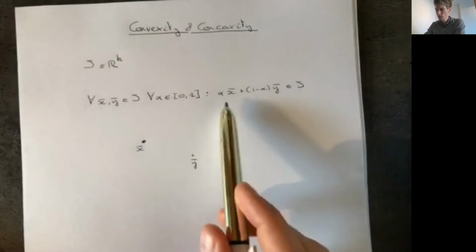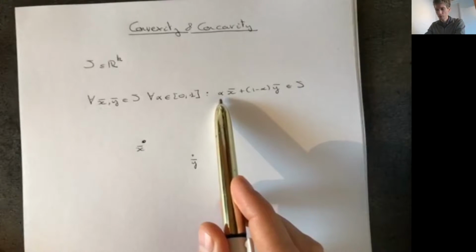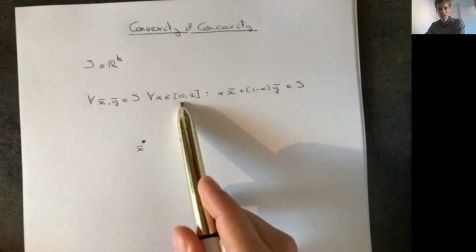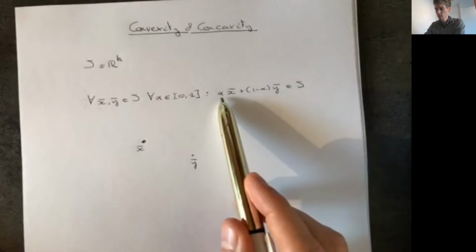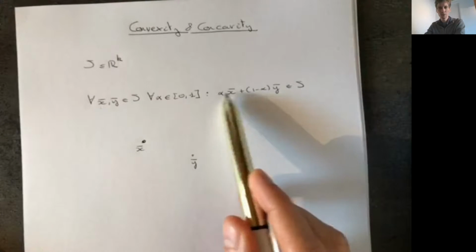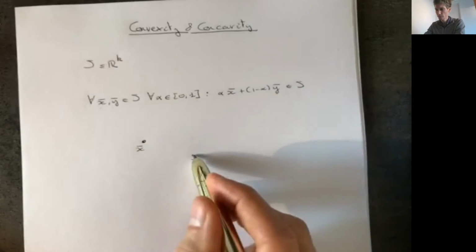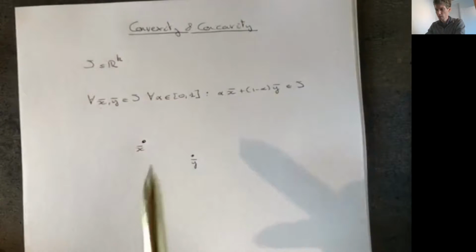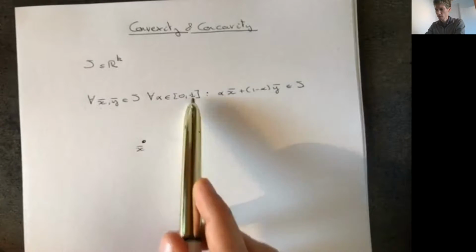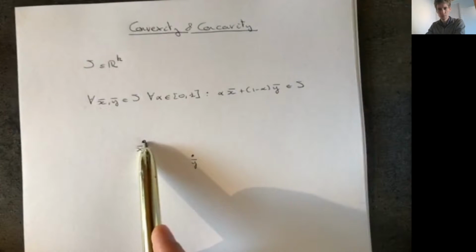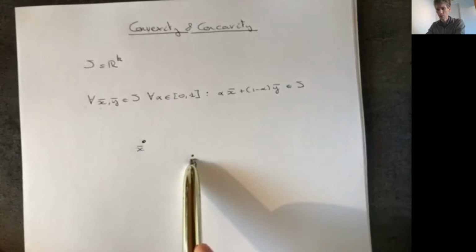On the other hand, if I plug in alpha equal to 0, which is the other end of this interval, then I have 0 times x, so this is 0, plus 1 times y, so I'm having y. So if alpha is equal to 1, I have the vector x. If alpha is equal to 0, I have the vector y.